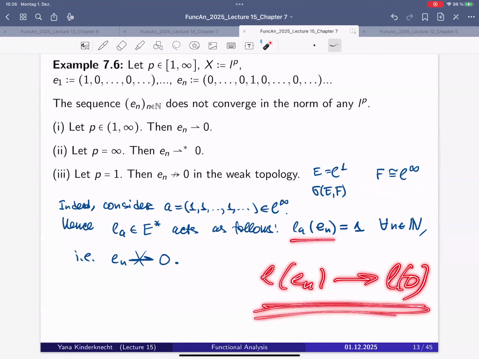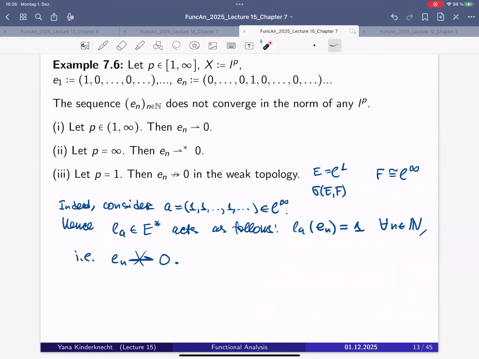But this is not the case. We have this counterexample. Okay.